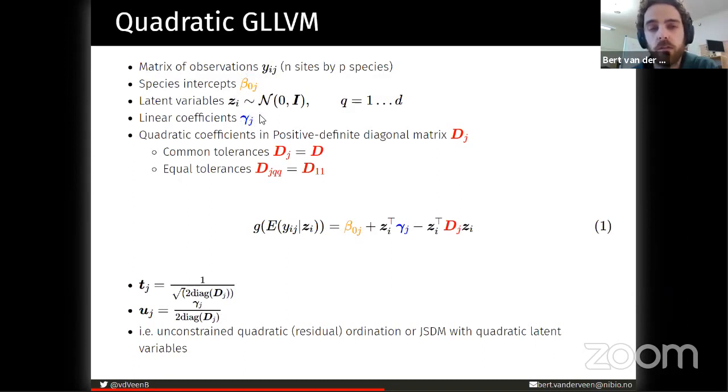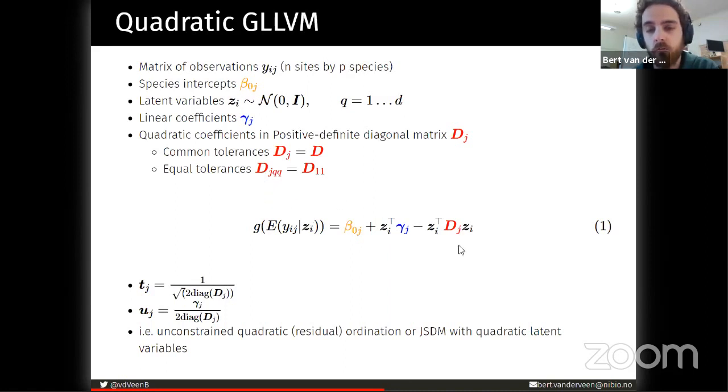So this is essentially the linear GLLVM, and then we add quadratic coefficients in a positive definite diagonal matrix per species. The common tolerances model is the same as assuming that this matrix D is equal for all species, and the equal tolerances model assumes that the diagonals are all the same coefficients.